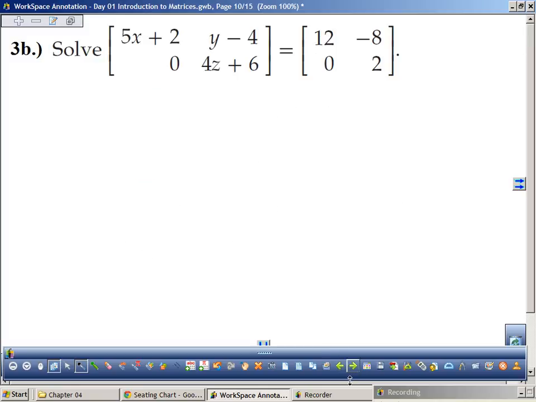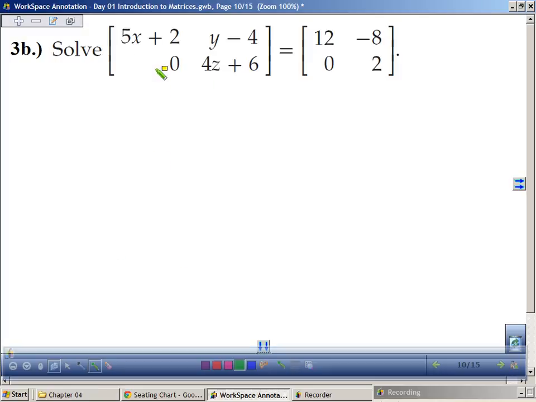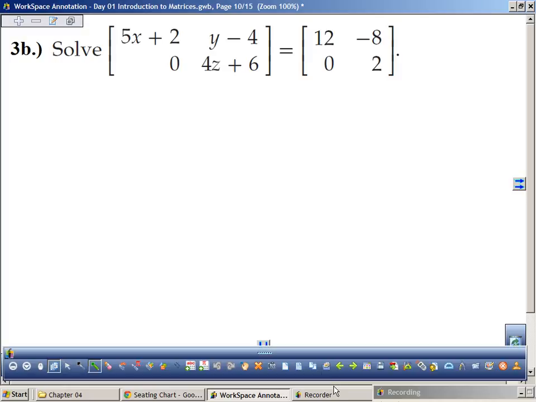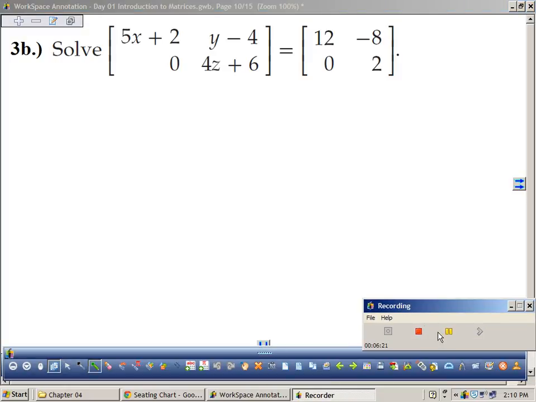Why don't you guys try this one on your own? Can you kind of make that out? What is this? What's this one? It's a 2 by 2, and this is a 2 by 2. Okay, so set them equal to each other and solve. Okay, so we found that, I'm just going to highlight them. 5x plus 2 goes with 12.